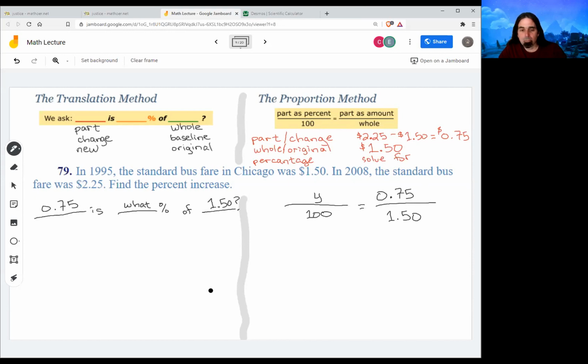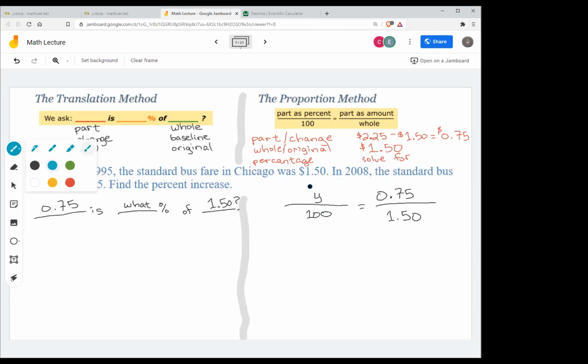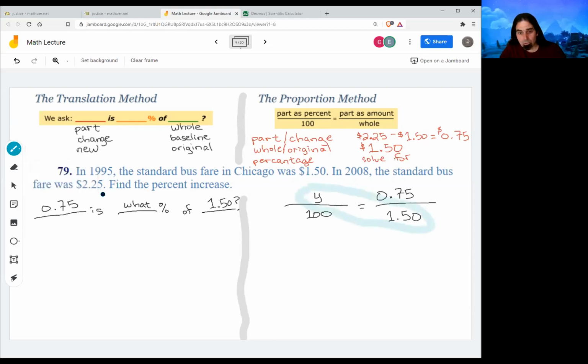Everyone okay with the setup? Yeah. So here.